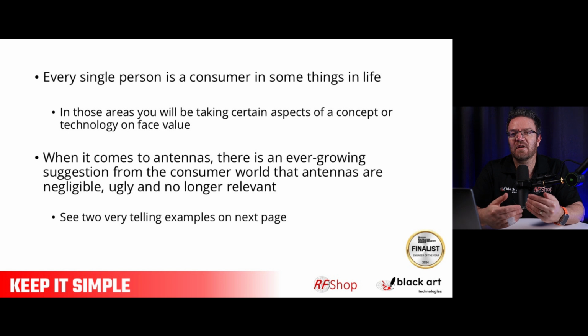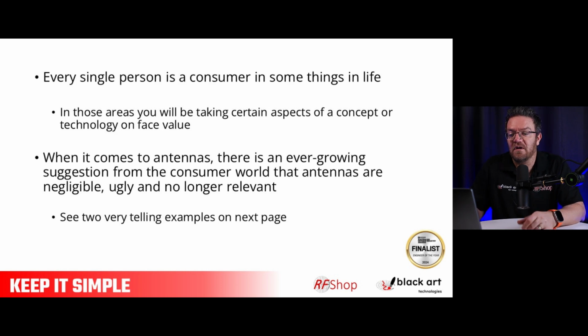So it is quite interesting that the consumer world is constantly bombarding us with the message that there is no antenna, because the market told us we don't want to see them anymore. That drives the complexity on antennas, because people think they are not relevant, not necessary, and we can do it all in software.